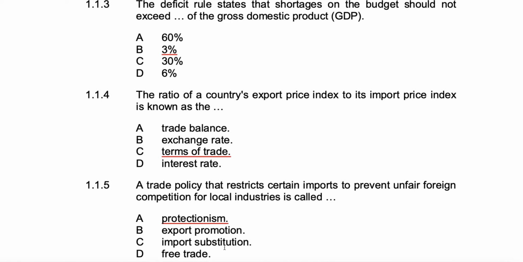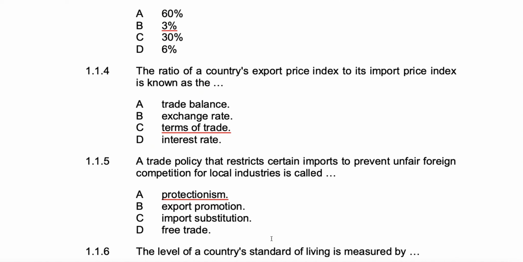Here, it's talking about imports. Import substitution is the distractor here. It's definitely the distractor. But the question is specific. So what it does is it leans towards protectionism more than it leads towards import substitution. But I can bet many learners would say import substitution on this one.